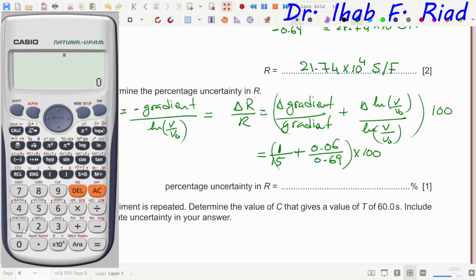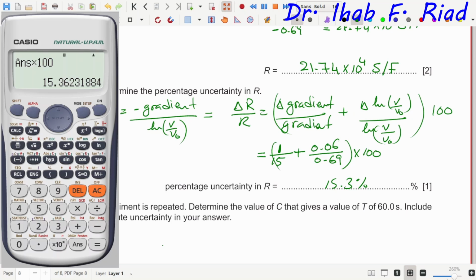We do the calculation. So it is 1 divided by 15 plus 0.06 divided by 0.69, times 100. It is 15.3%.